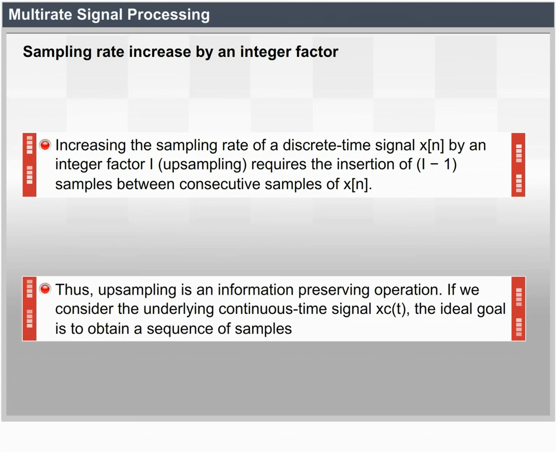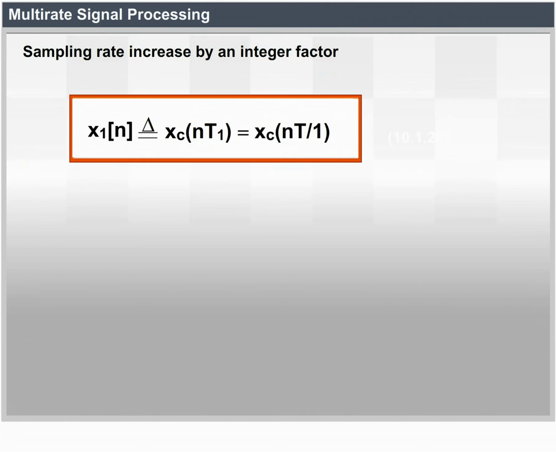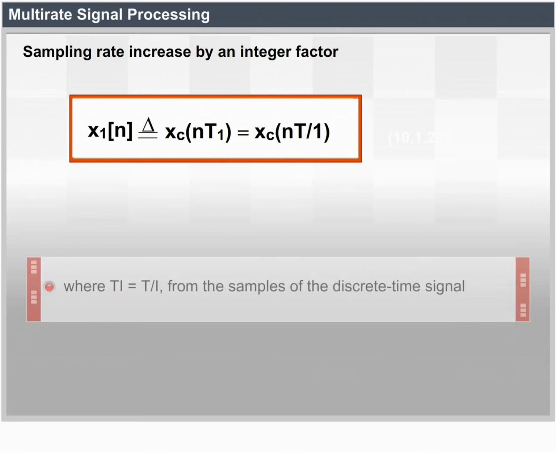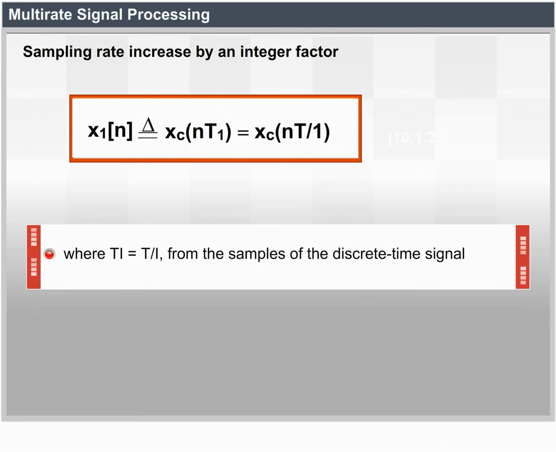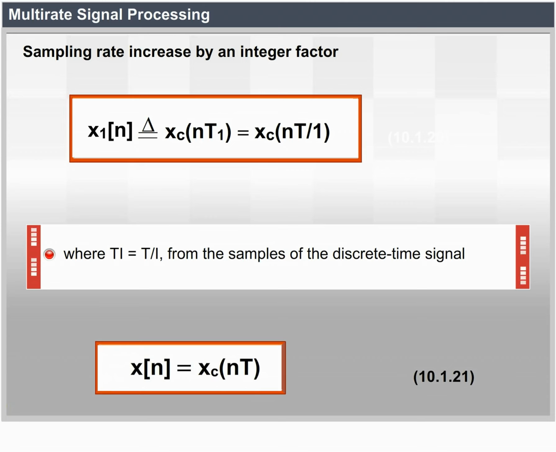If we consider the underlying continuous time signal xc(t), the ideal goal is to obtain a sequence of samples x_I(n) approximately equal to xc(nT_I) equal to xc(nT/L), equation 10.1.20, where T_I equal to T/L, from the samples of the discrete time signal x(n) equal to xc(nT), equation 10.1.21.